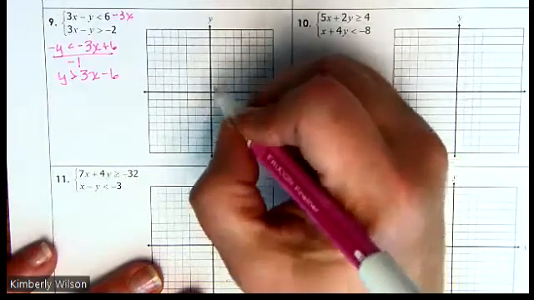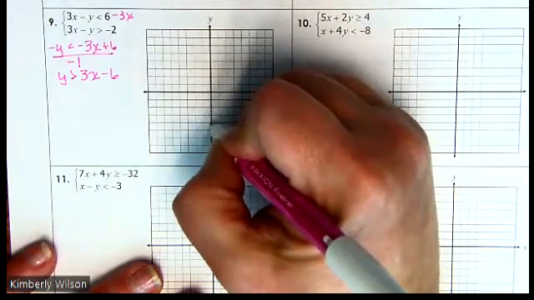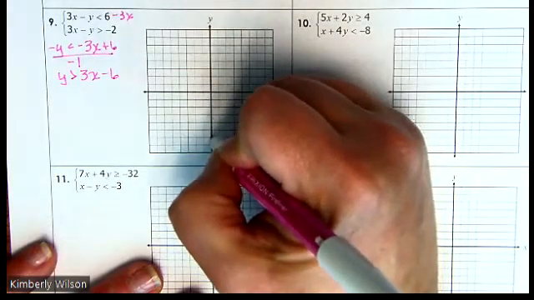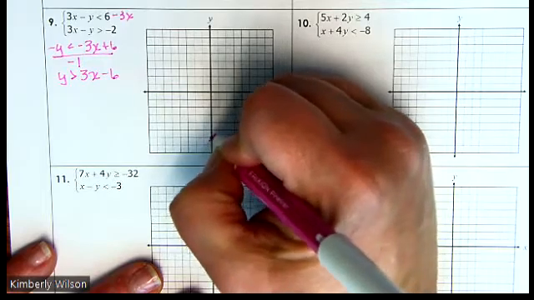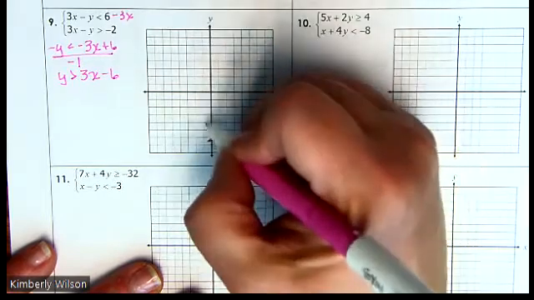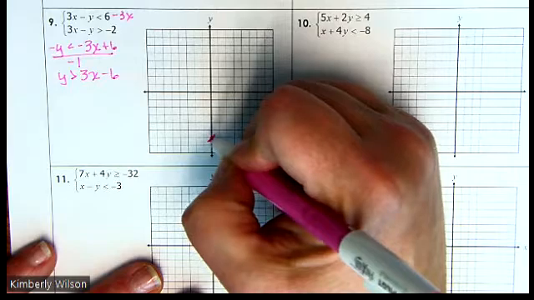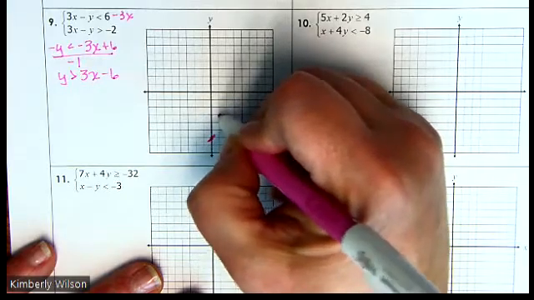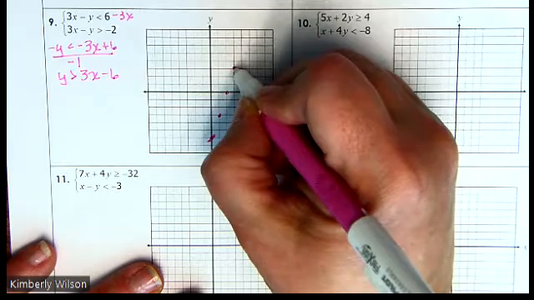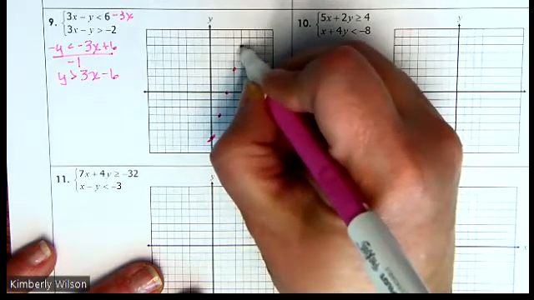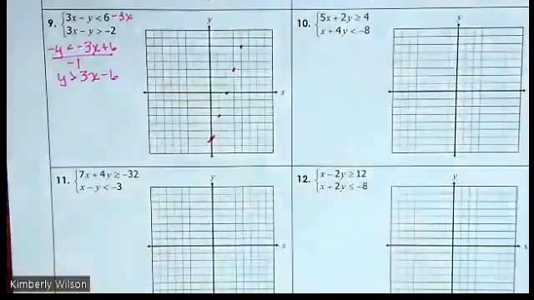Okay, so negative 6, 2, 4, 6. I've got a slope of 3, so up 3 over 1, up 3 over 1, up 3 over 1, up 3 over 1, and that's it.